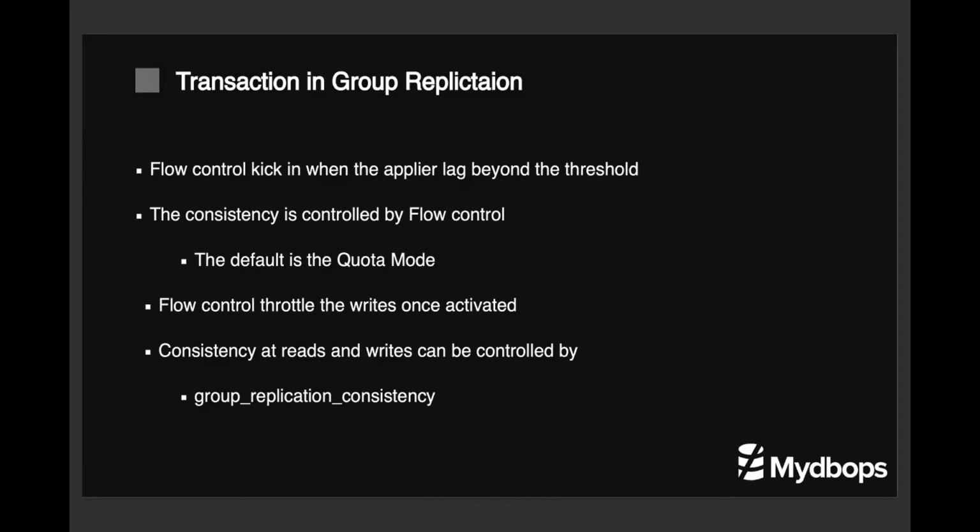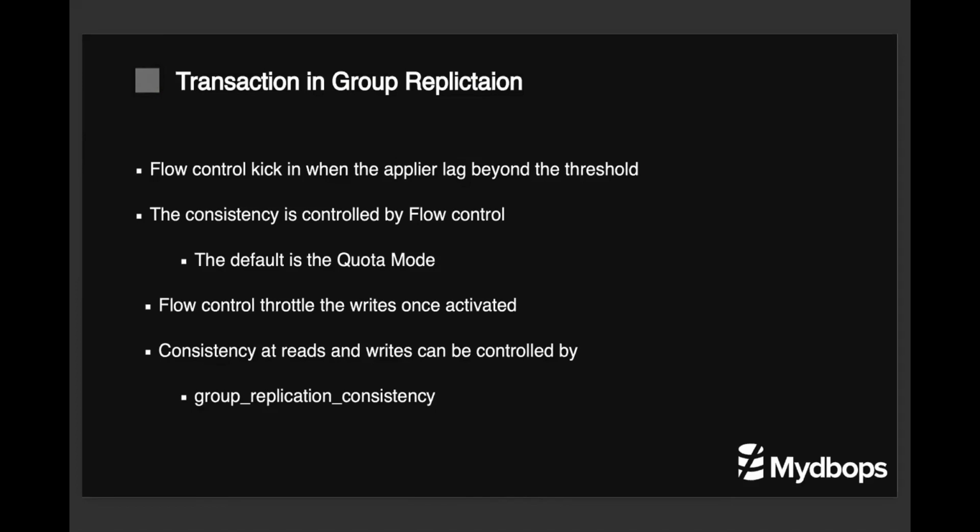Then when it tries to hit that limit, or the limit before that, the flow control kicks in, and it tries to limit the writes. When you consider PXC or Galera clusters, it tries to stop the writes, it won't allow any new writes when the flow control kicks in. But here it tries to slow down the writes.